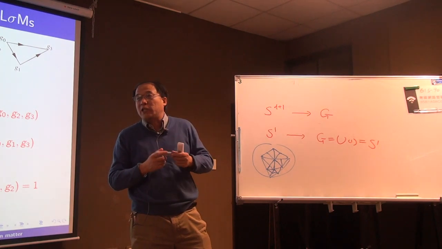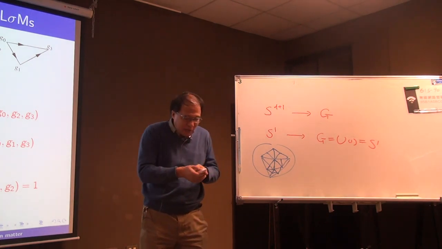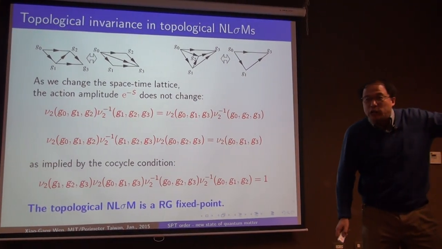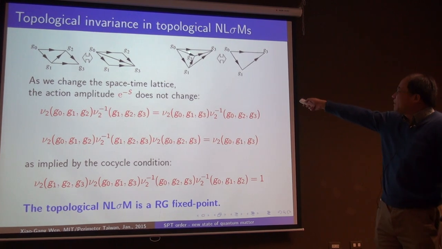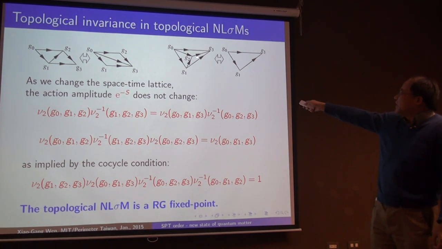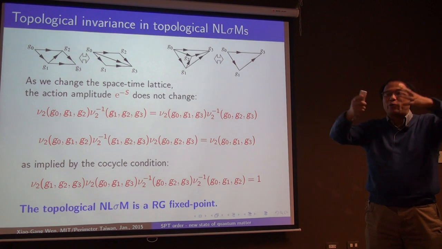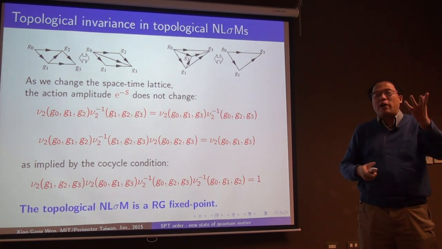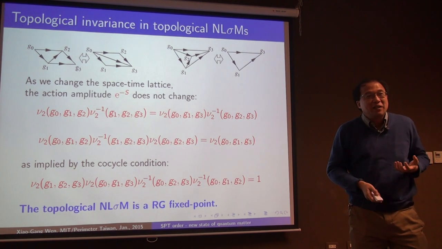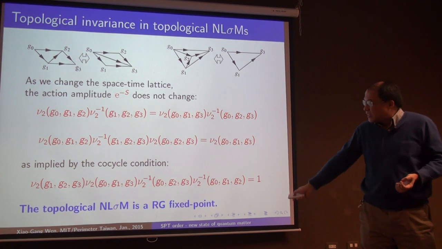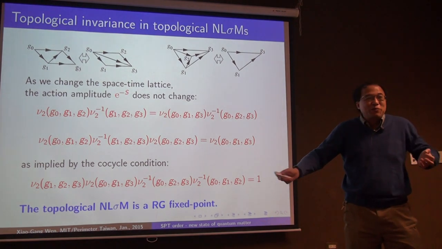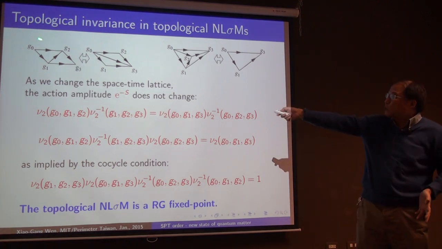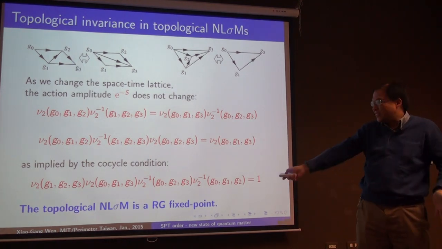But for this kind of action amplitude, even if we have a very fine triangulation, we can use this kind of move and this kind of move to reduce the number of triangles. For the sphere, we can reduce at the end to only 4 triangles. That's the minimum number of triangles to make a sphere. So therefore, we can evaluate this path integral for arbitrary space-time exactly, because for every triangulation, we can reduce it using this rule to find the number of triangles, then just sum them over.